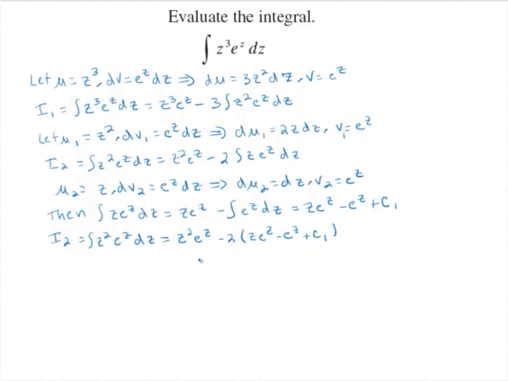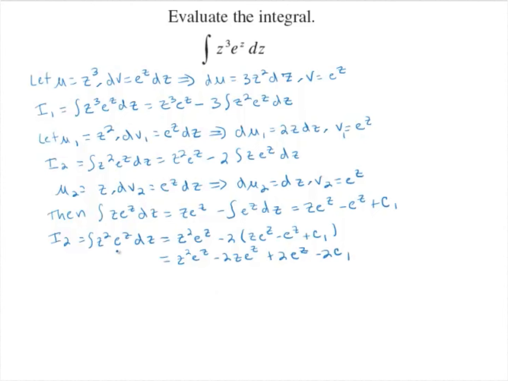And we distribute this here, and this equals z squared e to the z minus 2z e to the z plus 2e to the z minus 2c sub 1.